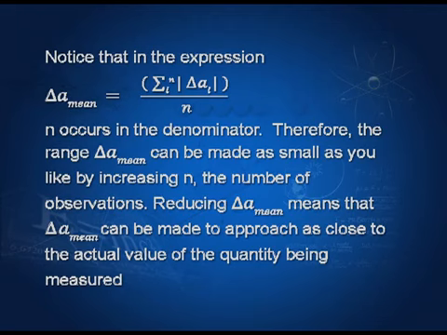Therefore, the range delta A mean can be made as small as you like by increasing the number of observations. Reducing delta A mean, that A mean can be made to approach as close to the actual value of the quantity being measured.